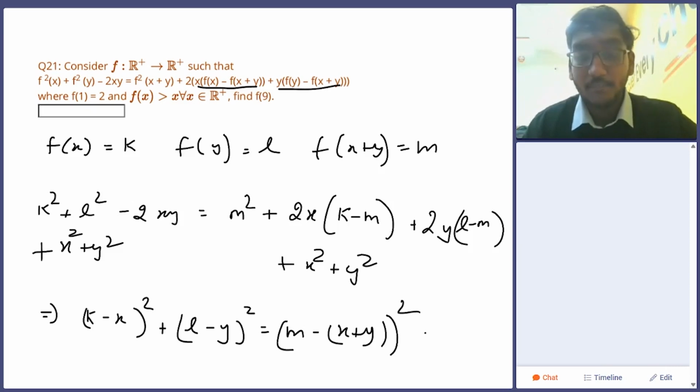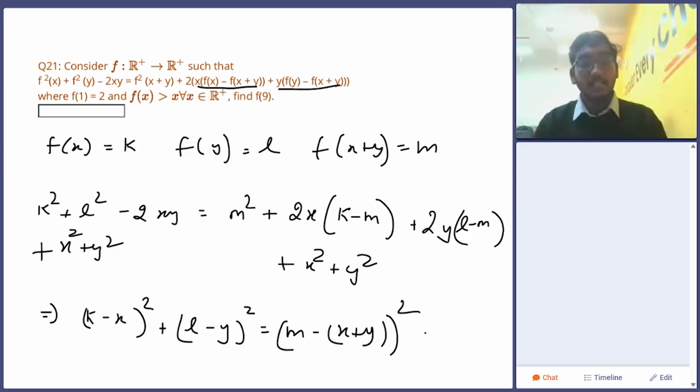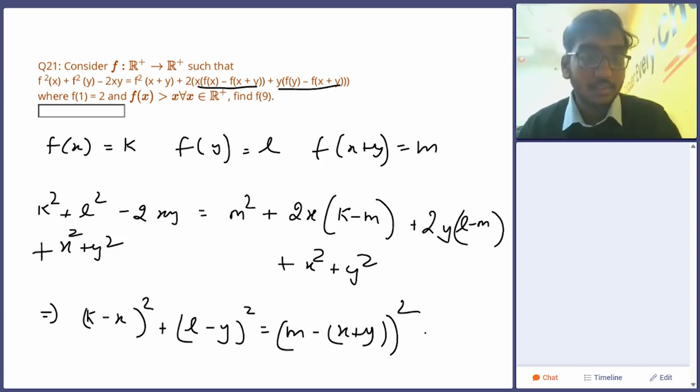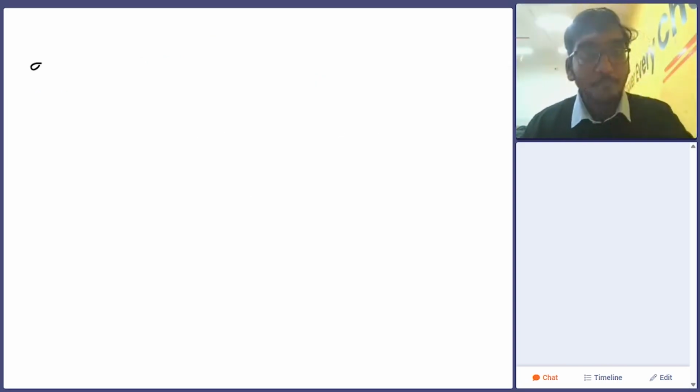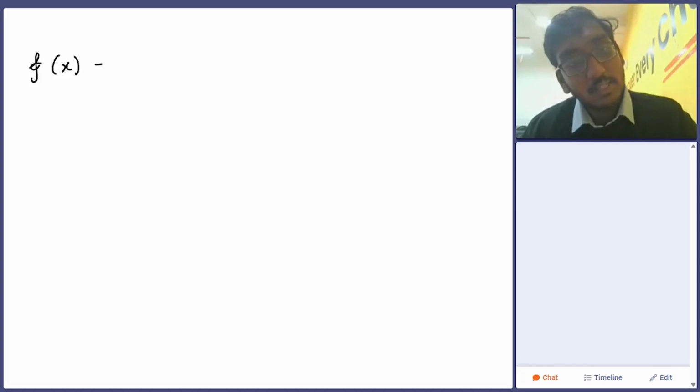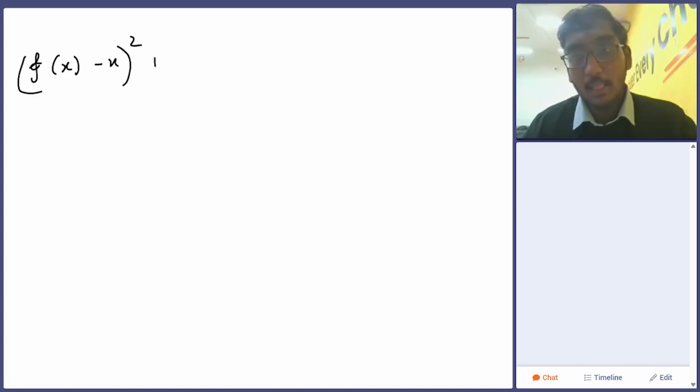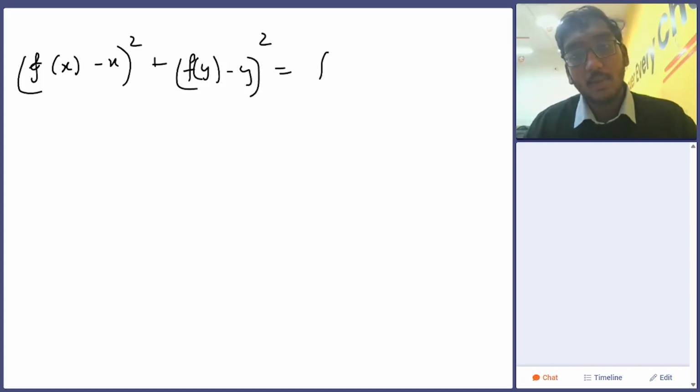This is what you will be getting. Okay. After rearranging, you will get this expression. See, I will just rewrite in terms of f of x, f of y, and f of x plus y. What you will be getting is f of x minus x whole square, right, plus f of y minus y whole square equal to f of x plus y minus x plus y the whole square.